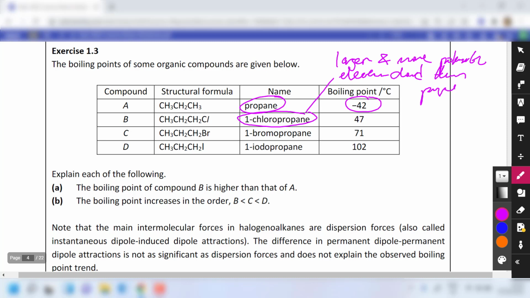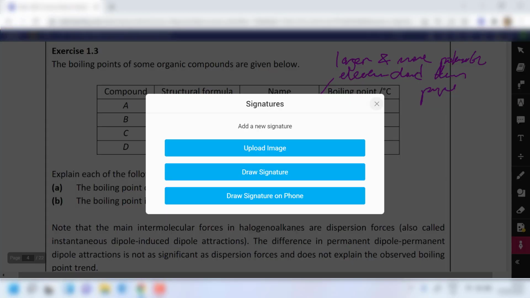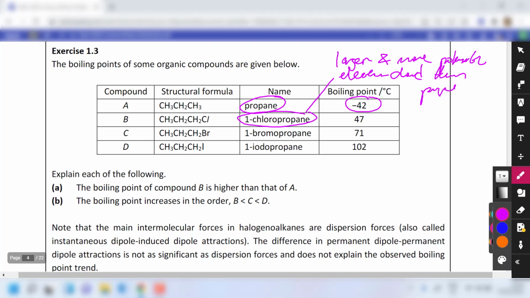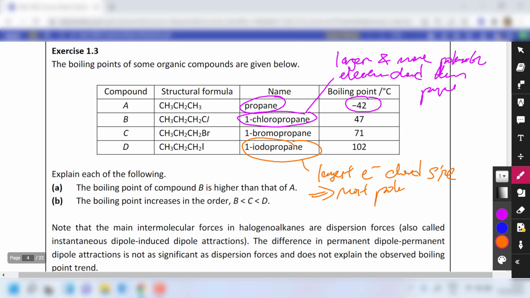For part B, the boiling point increases in the order B, C, D. Again, I'm going to repeat the same thing. 1-iodopropane will have the largest electron cloud size than the rest. That implies that it has the most polarizable electron cloud, so the probability of forming stronger dispersion forces between molecules is higher.